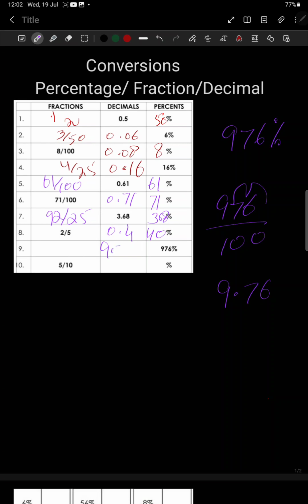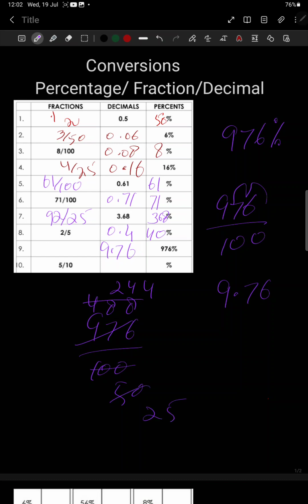So it will be 9.76 over here. And while converting this into simplest form, we will cancel it by the table of 2. 2 4s are 8, 2 8s are 16, 2 8s are 16, 2 50s are, 2 2s are 4, 2 4s are, 2 25s are. And now 244 over 25.